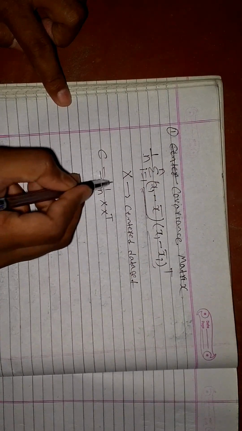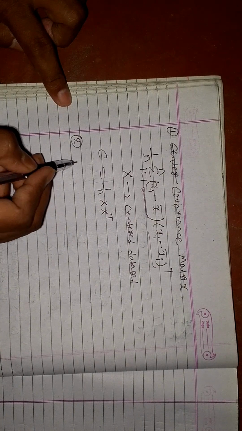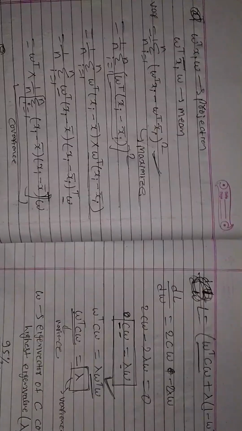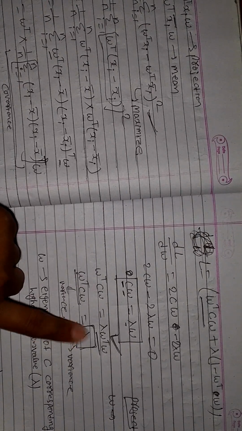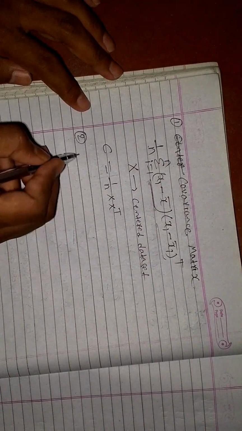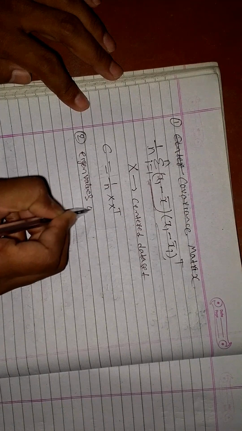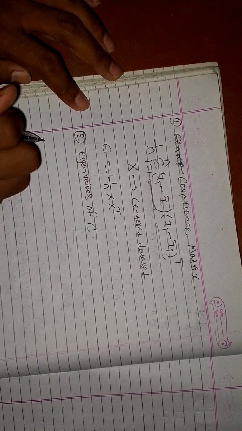The second step after finding the covariance matrix is that we find the eigenvalues of the covariance matrix, lambda 1 to lambda n.